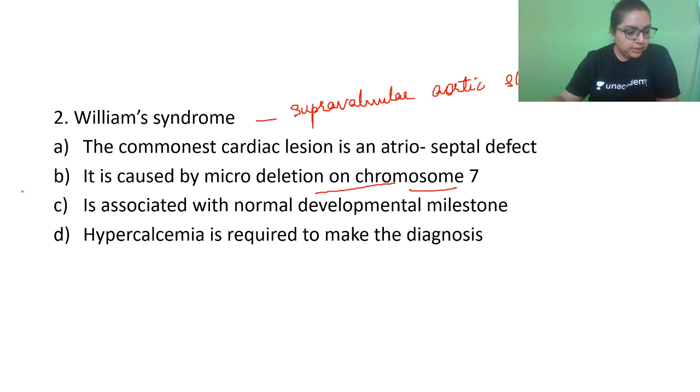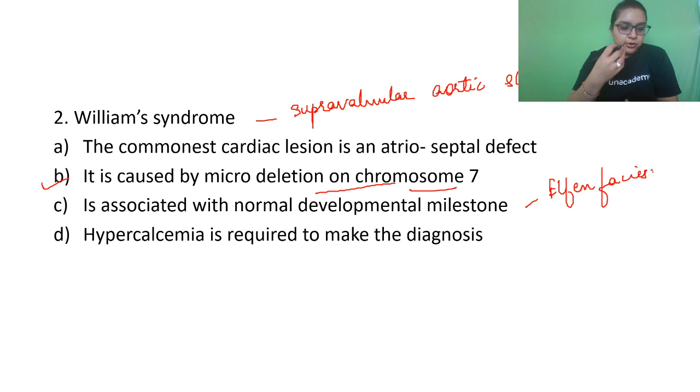Anybody who has marked B? So Williams syndrome is nothing but a microdeletion on chromosome 7. It is associated with normal developmental milestones. Actually, no. They often have developmental delay, and they often have abnormal facies, which is often called elfin facies. They have a long nose, long philtrum, wide mouth, thick lips, and they are developmentally delayed.